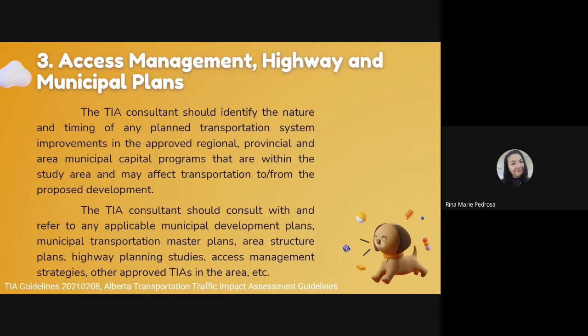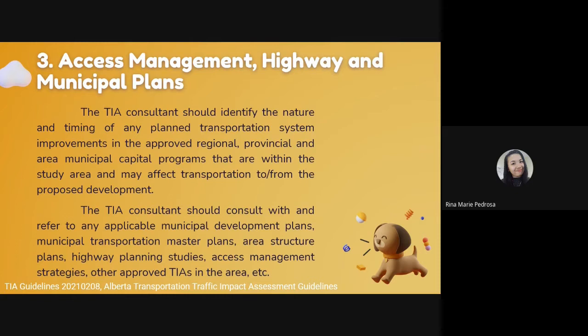This should include any upgrades to the road infrastructure that is expected to occur, as well as any changes to the roadway network and any future infrastructure. The TIA consultant should consult with and refer to any applicable municipal development plans, municipal transportation master plans, area structure plans, highway planning studies, access management strategies, other approved TIAs in the area, etc.